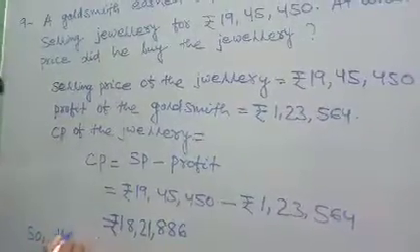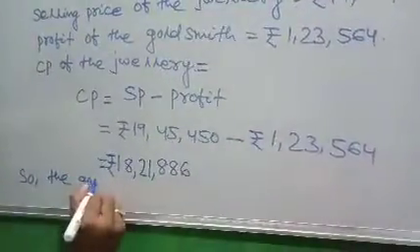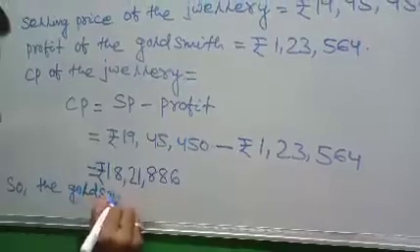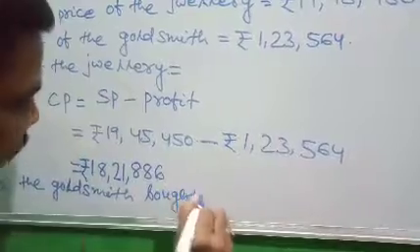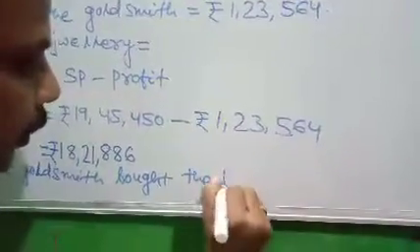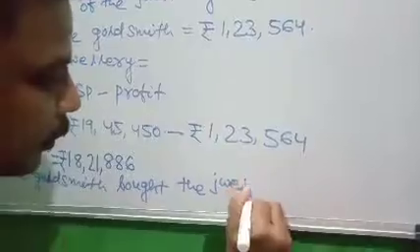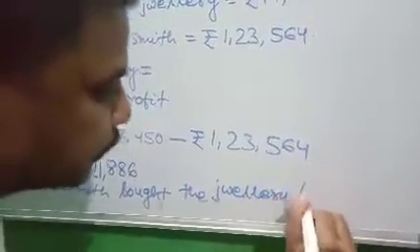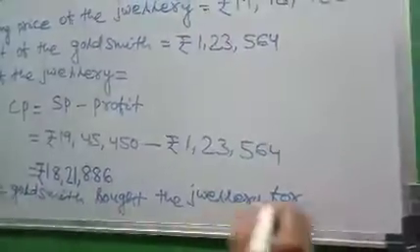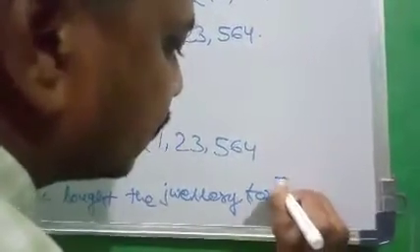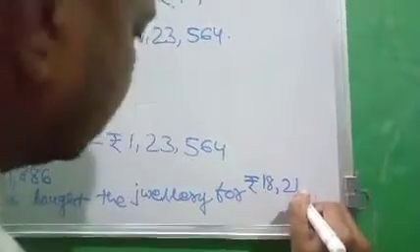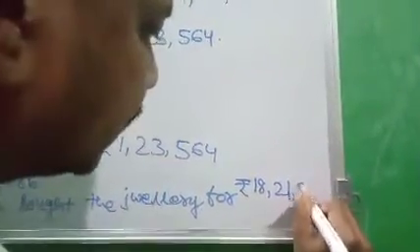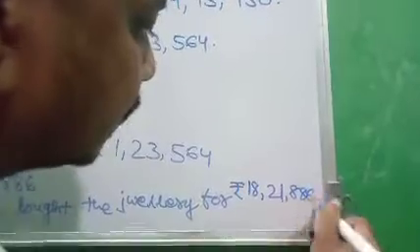The goldsmith bought the jewelry for rupees 18,21,886.